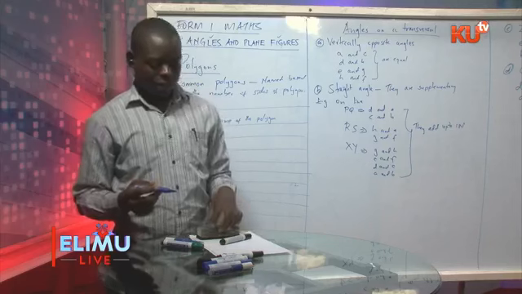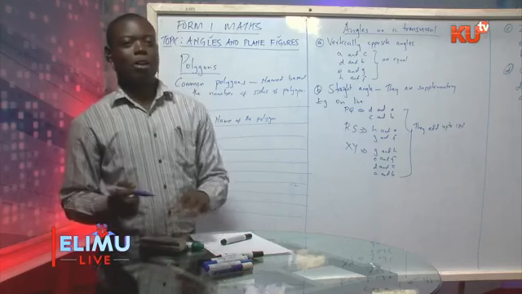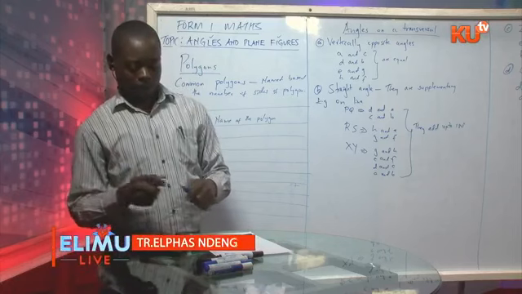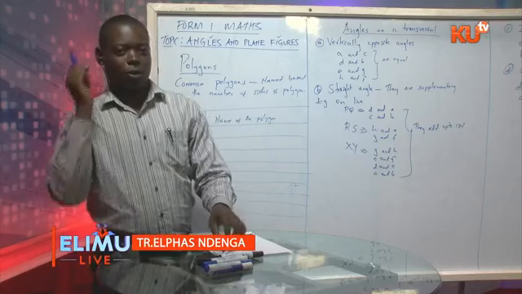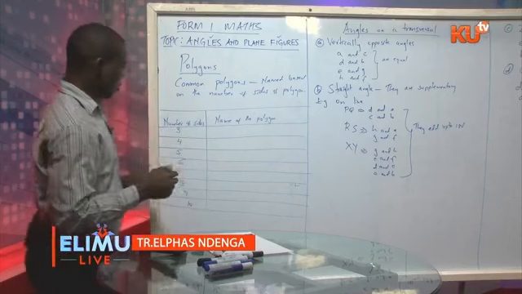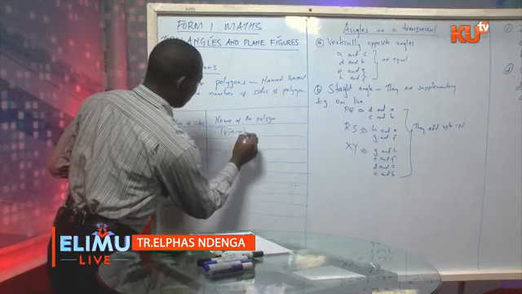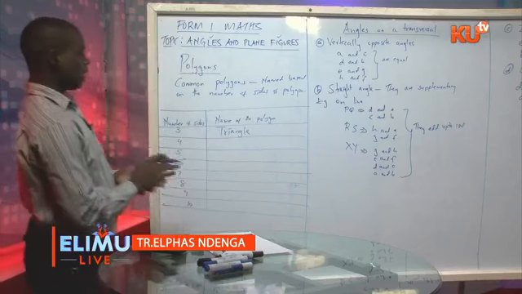So again, I'll ask my students to give me the name of a polygon with 3 sides, because we've just discussed it before. How do you call it? We call it a triangle. So the name of the polygon with 3 sides is a triangle.